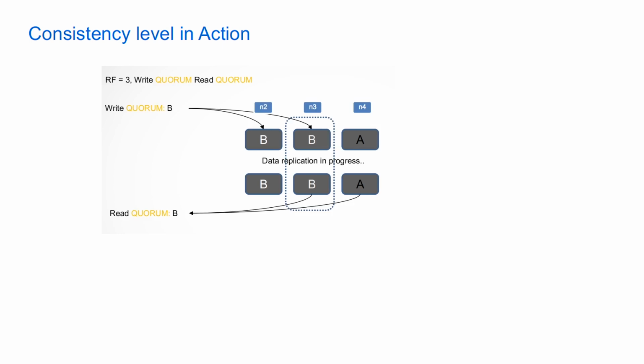Obviously, system availability is a given because of masterless architecture. So this seems to be a fabulous combination when we are talking about getting immediate consistency and partition tolerance and availability. So I get all three attributes of CAP theorem at the price of paying the currency of time.